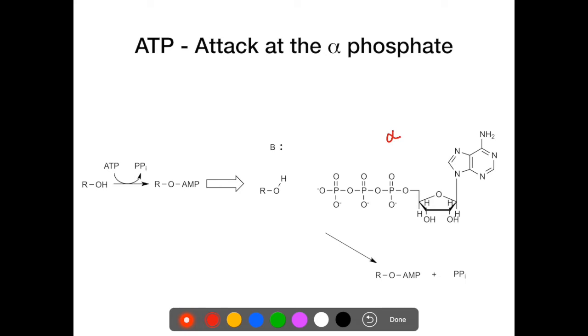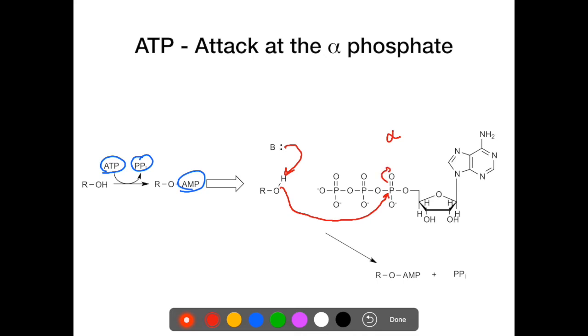The outcome is different. We're going to add AMP to the hydroxide, and we start with ATP, and a PPi comes off, 2 phosphates together. So what we're going to show is the base will deprotonate the hydroxide, and the oxygen will attack at the alpha.